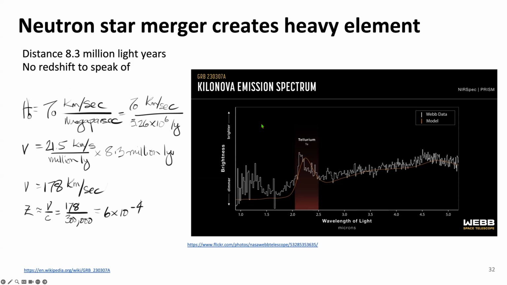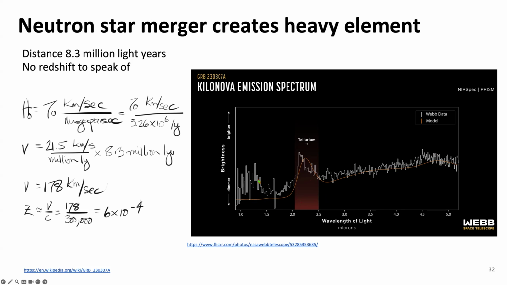One of the interesting spots on the sky that Webb has looked at is the location of the merger of two neutron stars. And in that merger, the element tellurium was created. This white line is the spectrum produced by the James Webb Space Telescope. And here's a model of what you would expect to see if you have a sample of tellurium and study it with a spectrometer and a redshift.